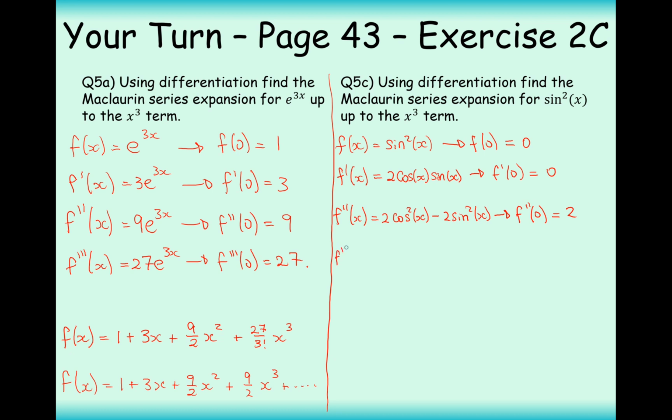And the final one, f triple dash of x, will be minus 4 sine x cos x for the first term. And then the second term here is going to be minus 4 sine x cos x.